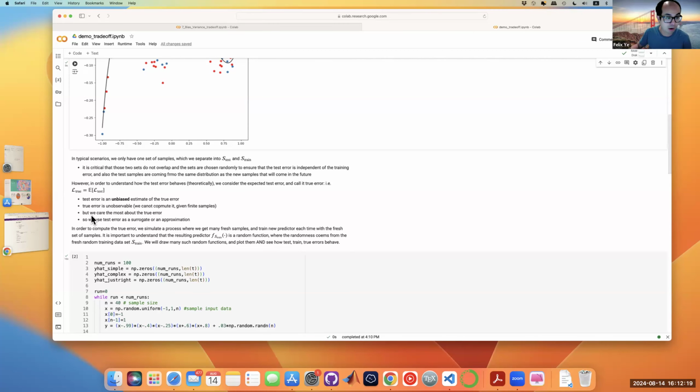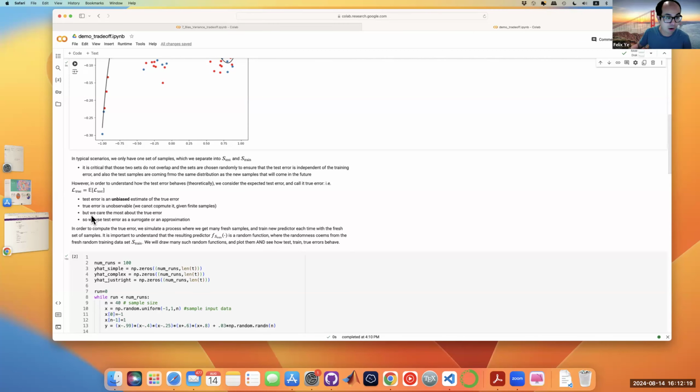In order to compute that, we simulate this process where we get more and more samples. Then we train new predictors again with the new samples. It is important to understand that this predictor right here is actually a random function. That's why we can ask what the expectation is, and the variance and so on. The randomness comes from the training data.